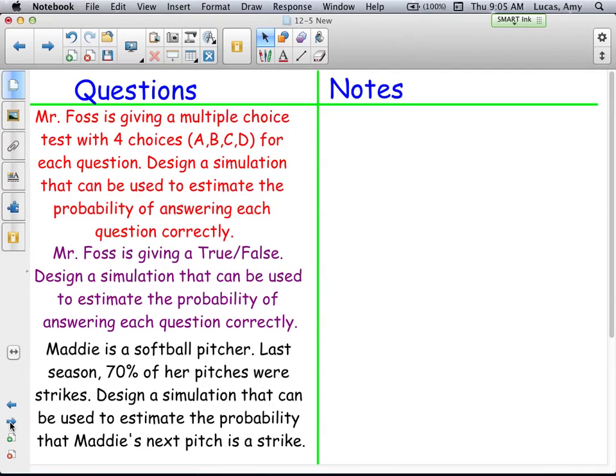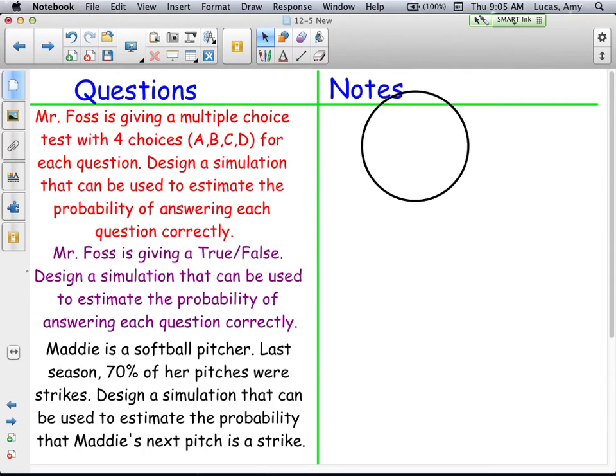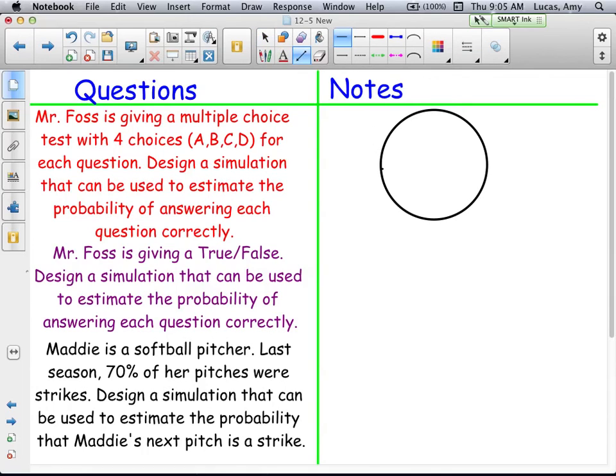Well, if there are 4 choices that are equally likely, the best option here is going to be a spinner. And you could have 4 sections that are the same size. You could make them different colors if you wanted to. But I think that a spinner would be the way to go.